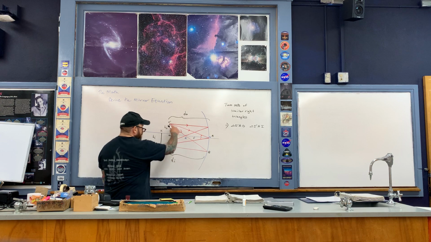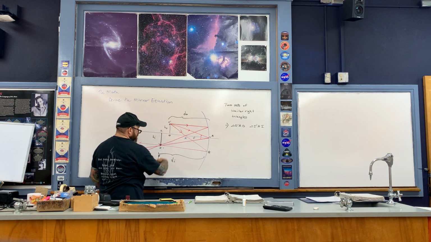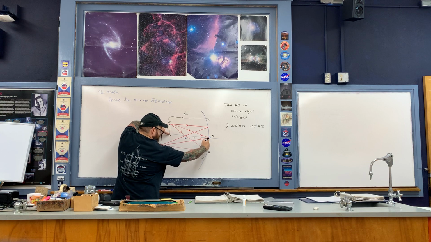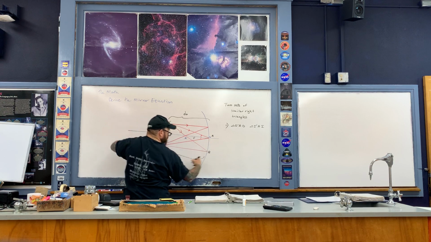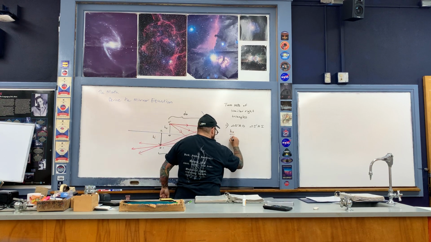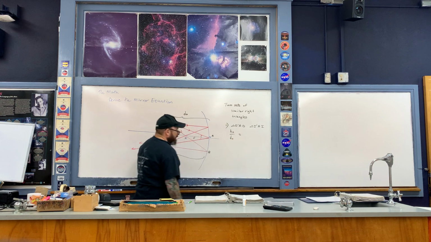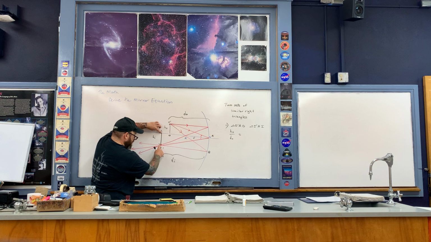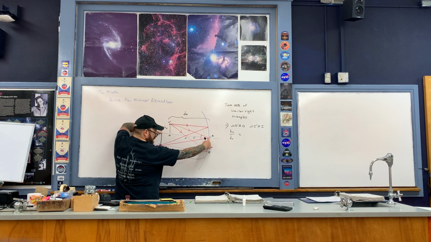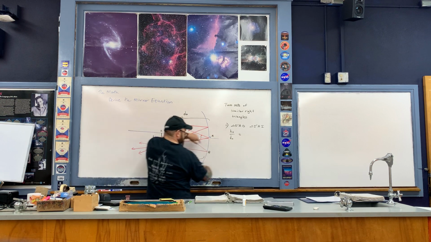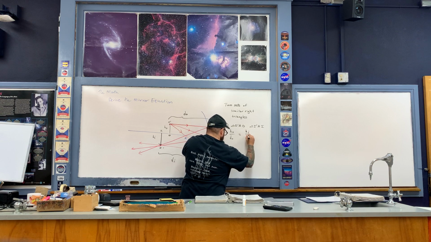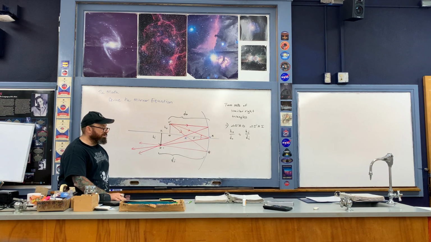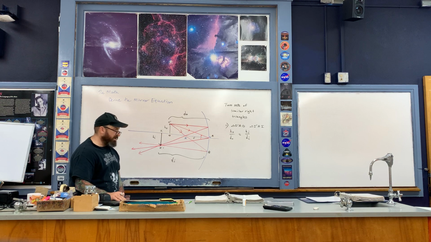What I'm going to do first of all for this top triangle like so is take HO over this distance here, which is DO. And then for the bottom triangle, that's therefore equal to HI divided by this distance here, which is DI. Once again, similar right triangles, therefore same ratio of sides.